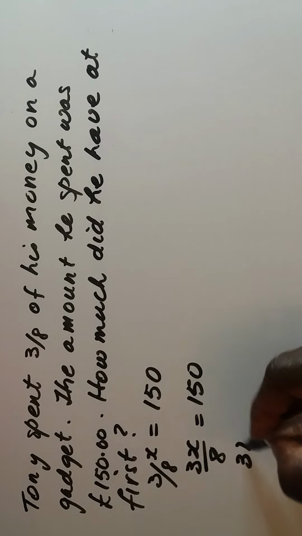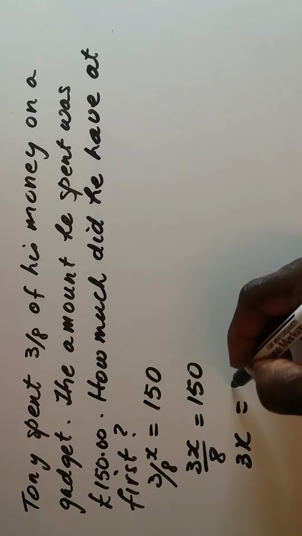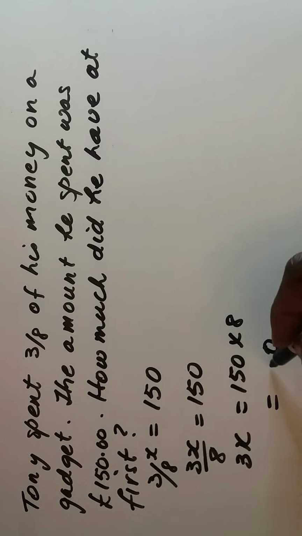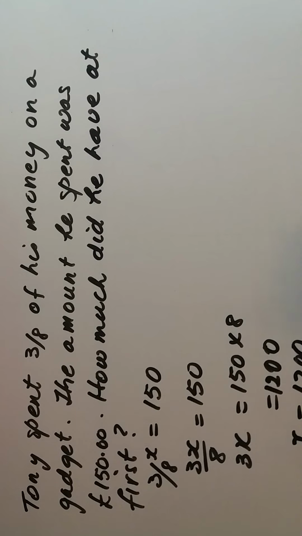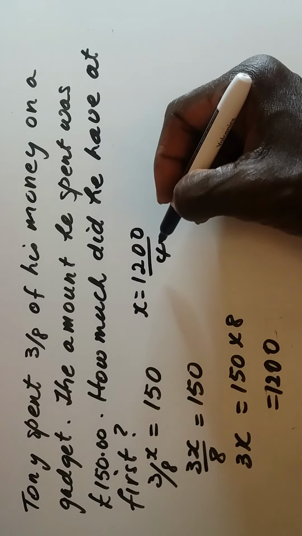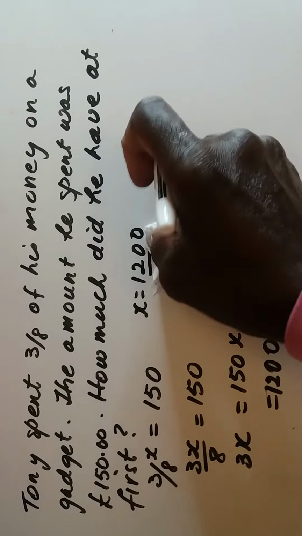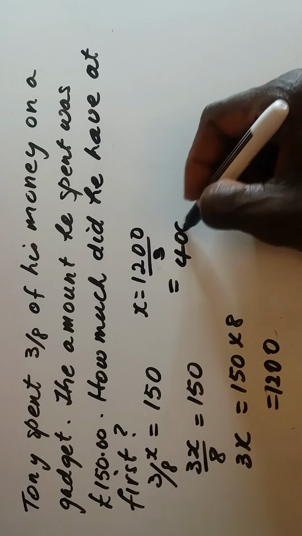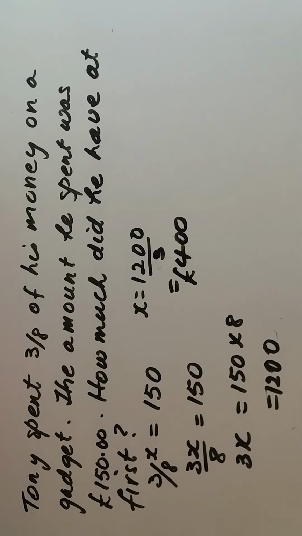So we have 3x is equal to 150 times 8, which is 1200. So x is 1200 divided by 3, sorry, and that gives us 400. It's £400. I've done it in one swoop.